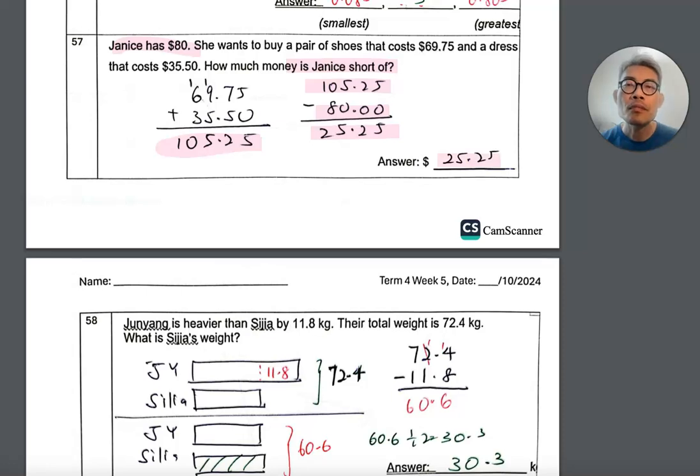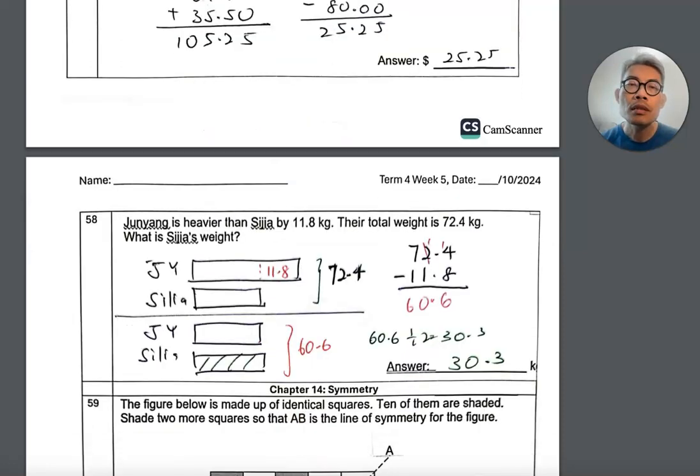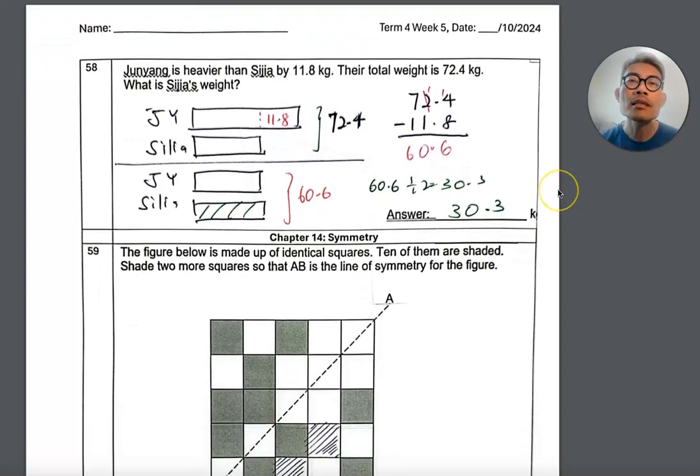Okay. Next question. Jin Yang is heavier than Xijia by 11.8 kilogram. So where's the heavier than part? The heavier than is just this part. Total weight is 72.4. So how do we find Xijia's weight? Always need to find out equal parts. So I take away this part.